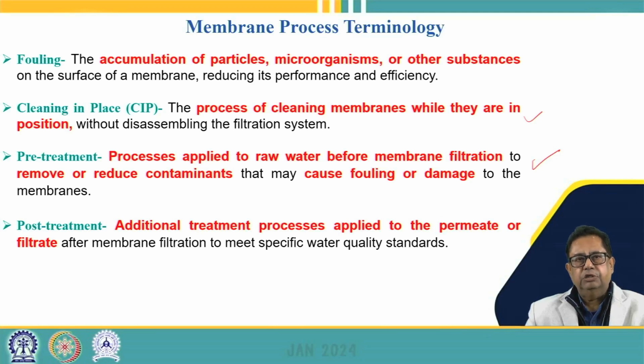That is known as the pre-treatment process. Similarly, after the membrane filtration happens, the processes applied to enhance the quality further are known as post treatment, which is applied to the permeate or filtrate that we get from the membrane filtration, so that we can meet the specific water quality standards.